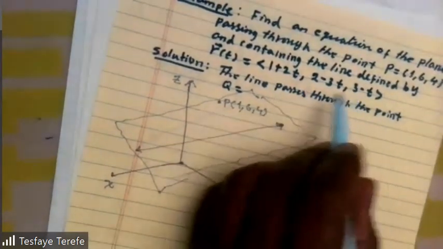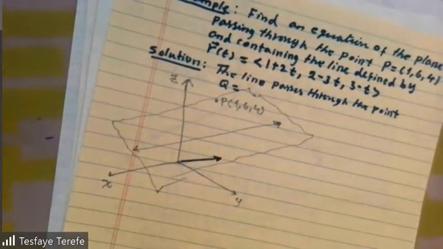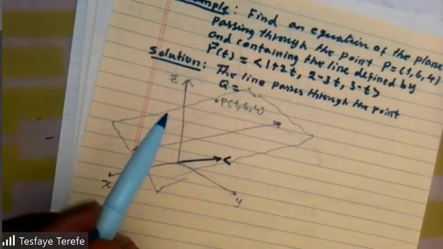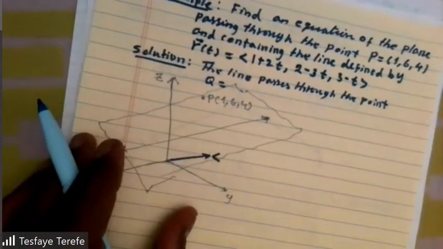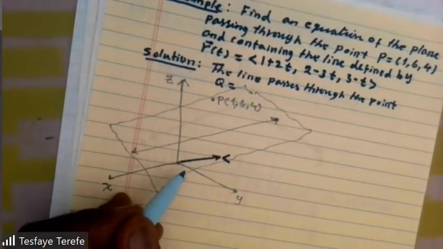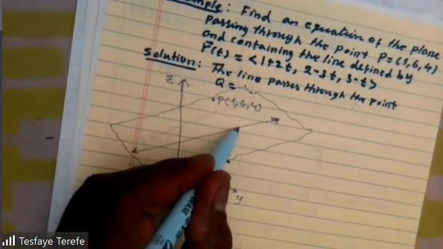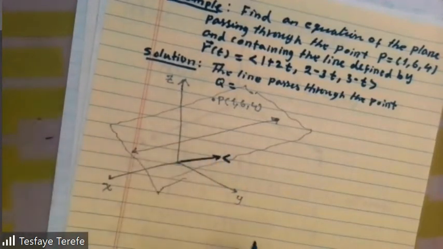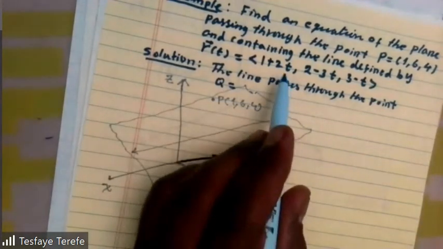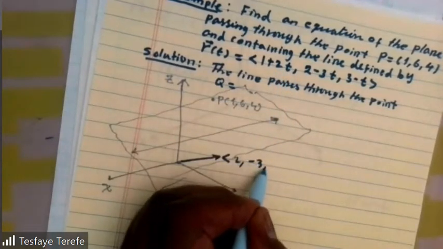If you look at this, actually the direction vector for the line, you remember when we worked with the vector equation of a line, we have a direction vector and the initial vector, and then the position vector r is going to be the scalar multiple of this one. That's what we did. So in this case the direction vector for us is the coefficient of t, which is 2, -3, and -1.